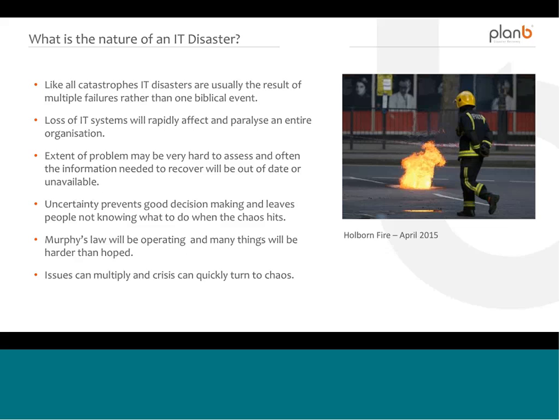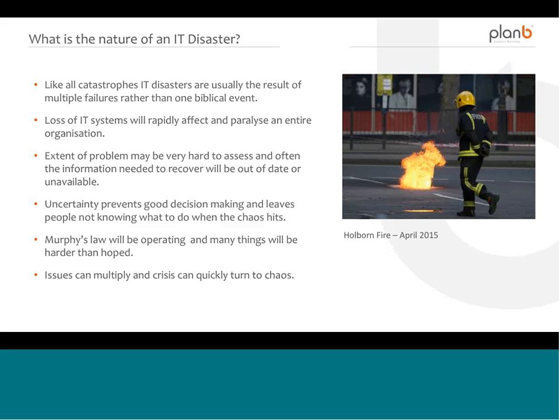In our experience, what can go wrong will go wrong. It's often much harder than people have optimistically hoped that they would be able to cope with. As I say, the way issues multiply can cause crisis and quickly turn to chaos.